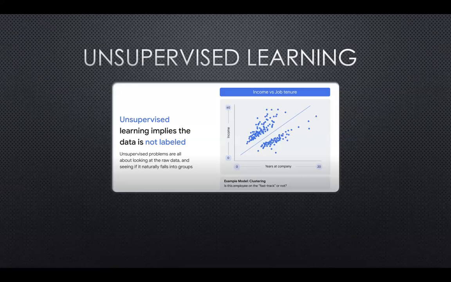That is, nobody has told us whether there is a fast track employee or not, or whether there is such a category. The idea is to look at novel data that you have just received and find patterns, with the idea that this is just a tool for hypothesis generation.